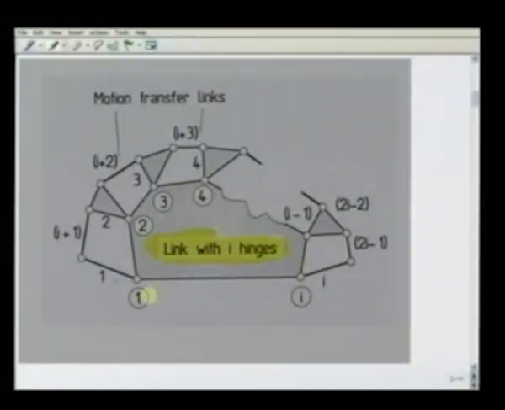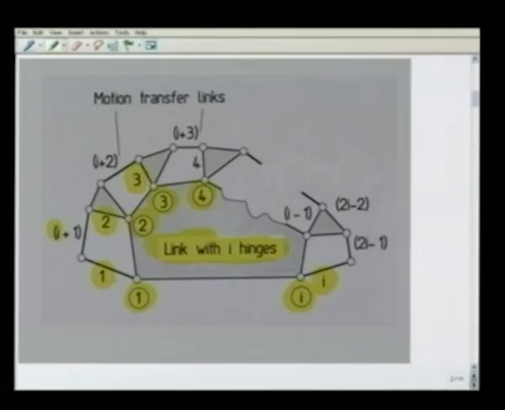This is the link which has I hinges numbered as 1, 2, 3, 4, and so on up to I. Now, to produce a chain, at each of these hinges we connect another link, like at the first hinge we connect link number 1, at the second hinge we connect link number 2, at the third hinge we connect link number 3, and so on, and the ith link at hinge number I. Now, to connect these links 1 and 2, we must have some motion transfer links.